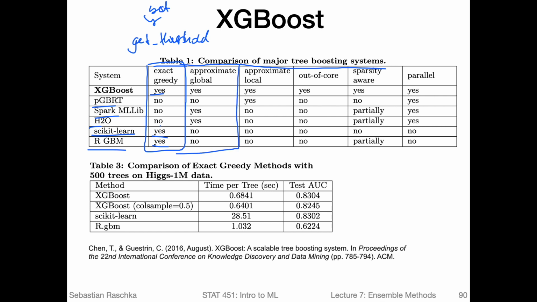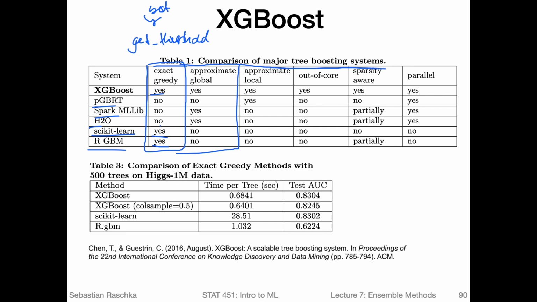The other feature is the approximate global. This is an approximation that is, if I remember correctly, used if the data is split across different computing nodes. You can run XGBoost on different computing nodes. The point is, if you have a very large data set and you can't fit it on one computer, you can distribute your data set across different computers, but then every computer has only a subset of the data.